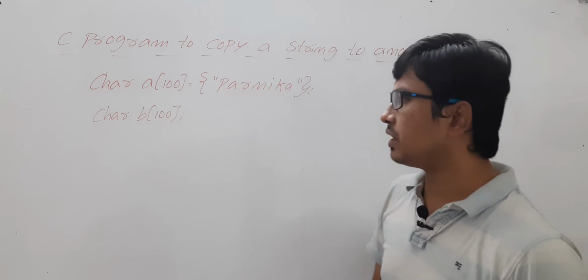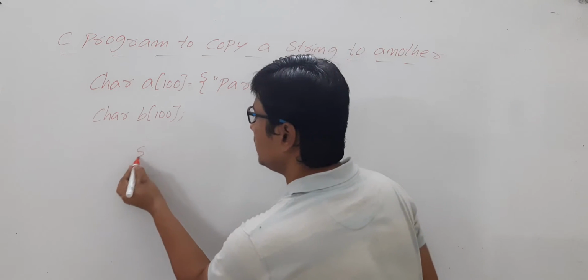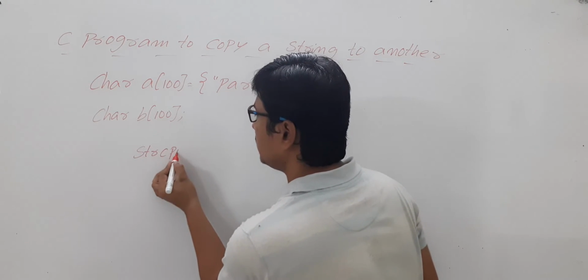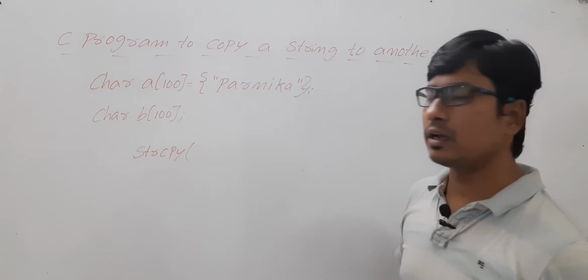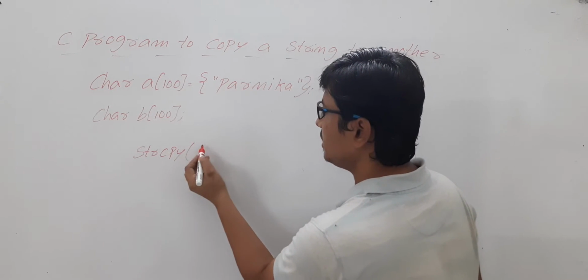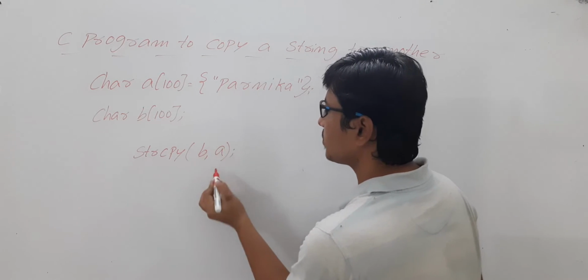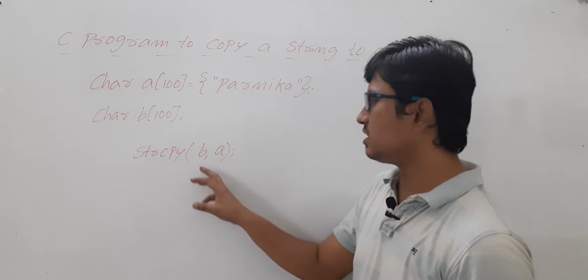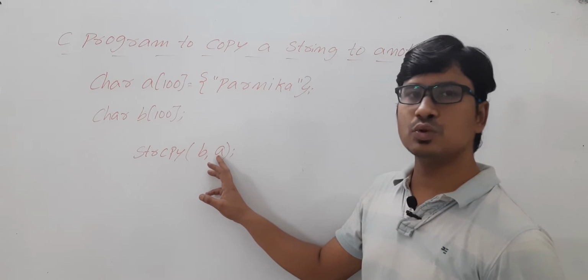So to do that, we have a function called strcpy. Now it will take two parameters. One is the destination, which is B here, and the source. So this is the destination array name and this is the source array name.